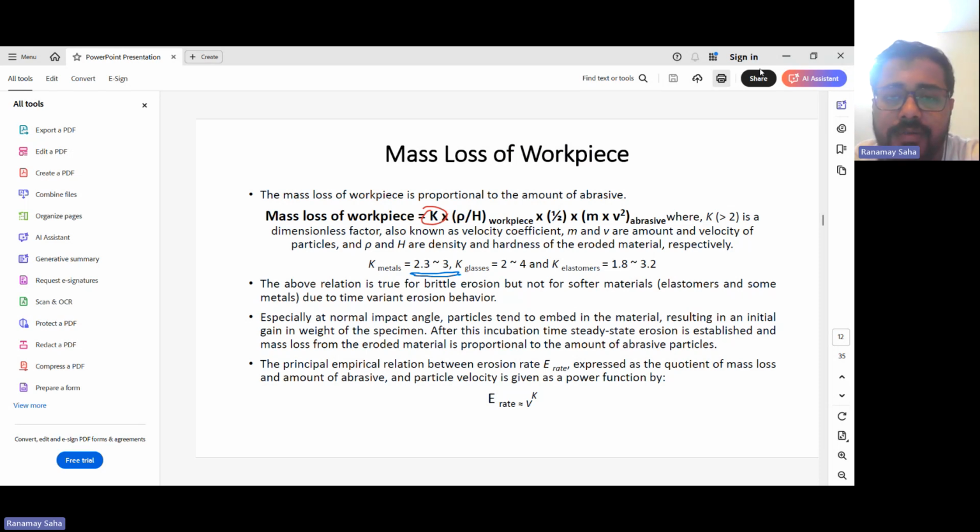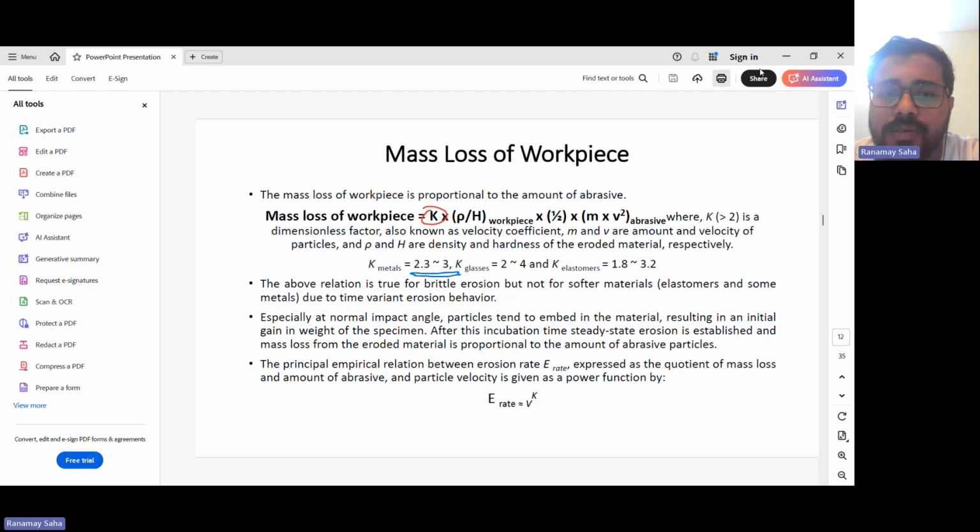Generally the concept is the abrasive hits the surface and then there is some incubation period after which the erosion starts, related to the velocity of the particles. Right? That's empirically. However, theoretically, there is also a dependence upon the ratio of density to hardness of the workpiece and the kinetic energies of the abrasive.